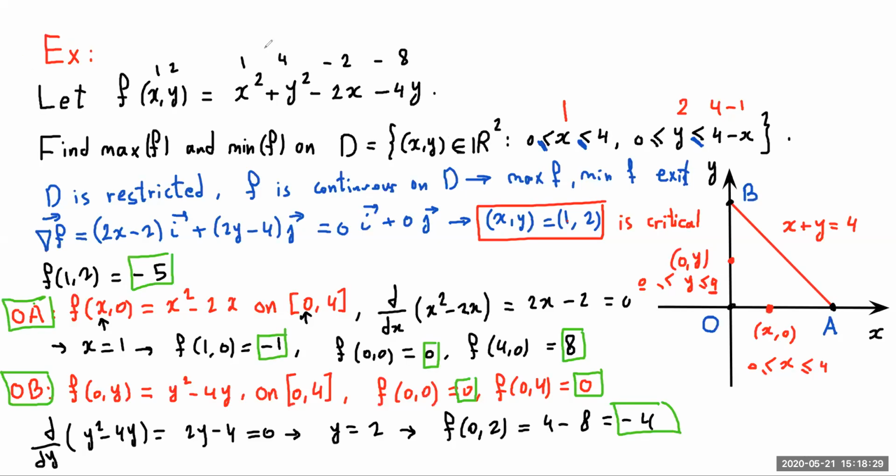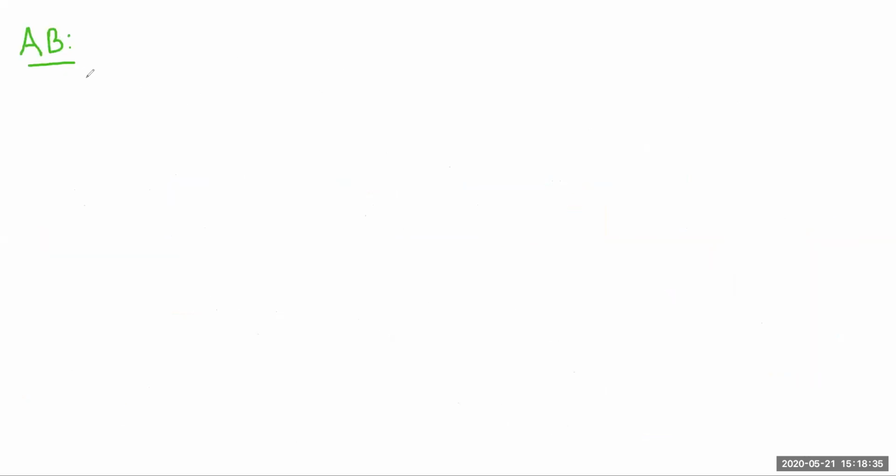On AB, let's repeat the function f(x, y) is x² plus y² minus 2x minus 4y.